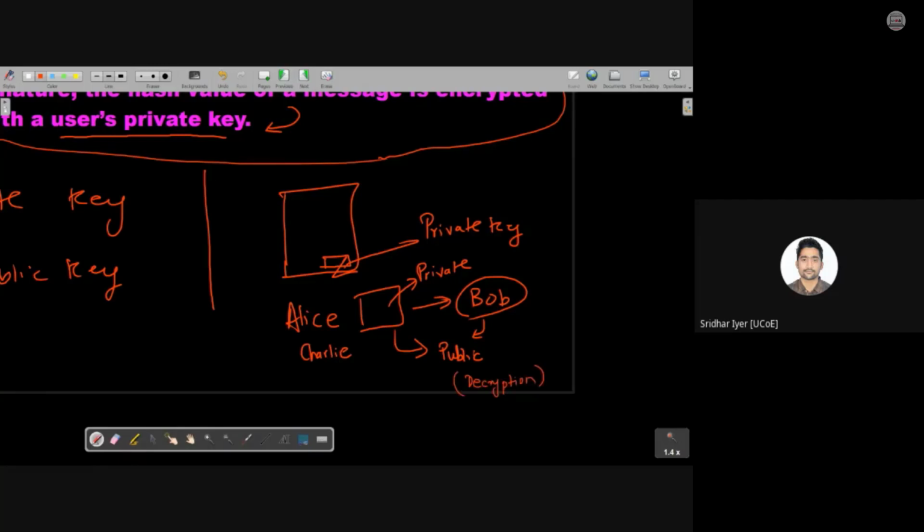Yes or no? How is it clear? If Bob is able to decrypt the message using Alice's public key, then Bob will come to know that so and so message was sent by Alice only, which proves her identity. Am I clear? Now is it fine? It's a little confusing, but I hope I was able to explain it properly.